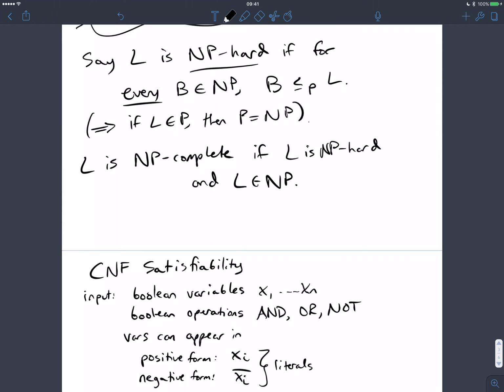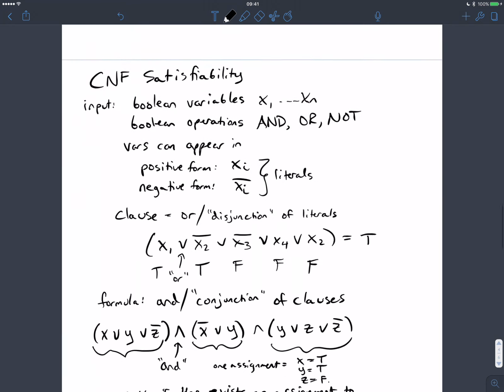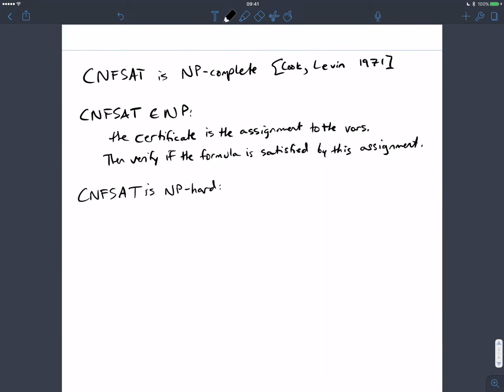That's what it means to be in NP. Oh, maybe we can look at the computation of the machine on that particular input and make a formula that's true if and only if the computation history is actually correct.